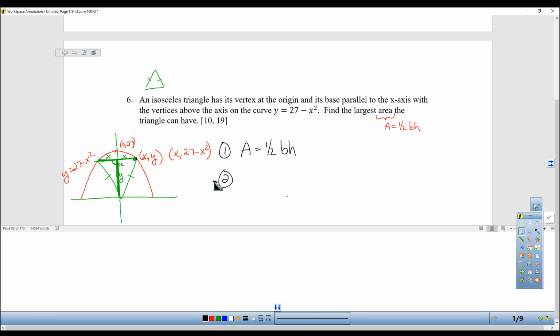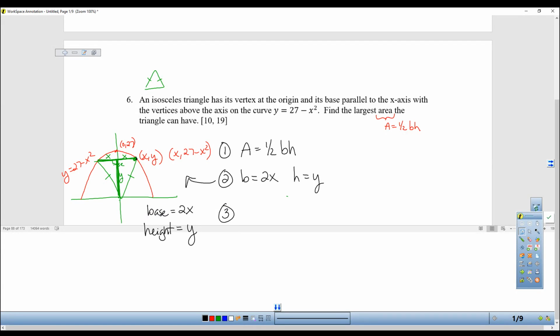Step 2 is the constraints. In this case, my constraint comes directly from the picture. My base is equal to 2x. And the height of my triangle is going to be whatever y you're at. So height is equal to y.